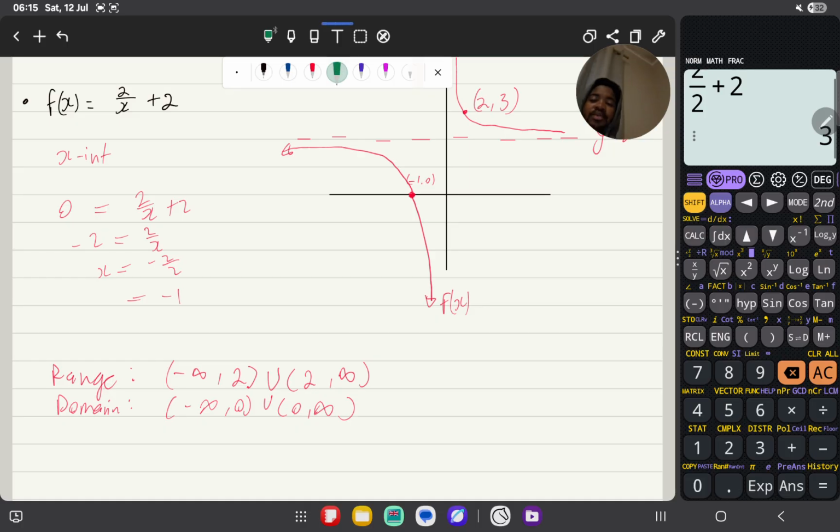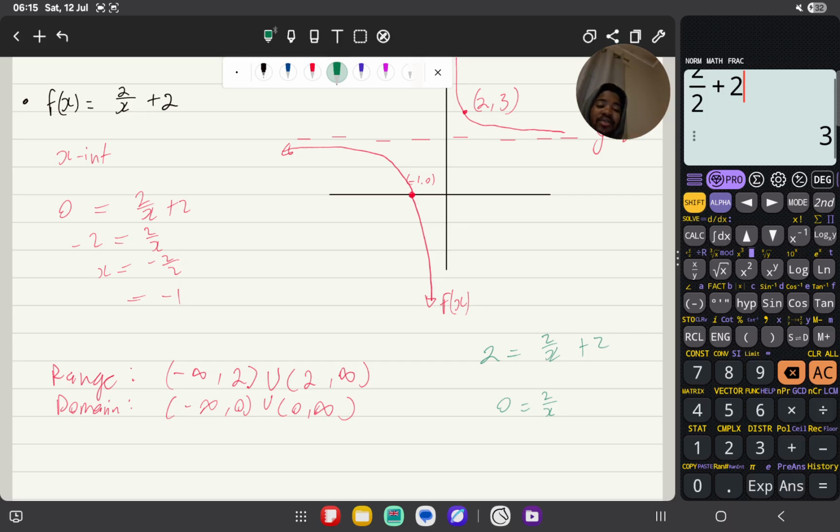Say I substitute 2 here, which is y, and I'm trying to find the x value. I'm going to have 0 here because 2 minus 2 is 0. So I'll have 0 equals 2 over x, and there is no x value that we can use to divide 2 by to get 0. There is none whatsoever.